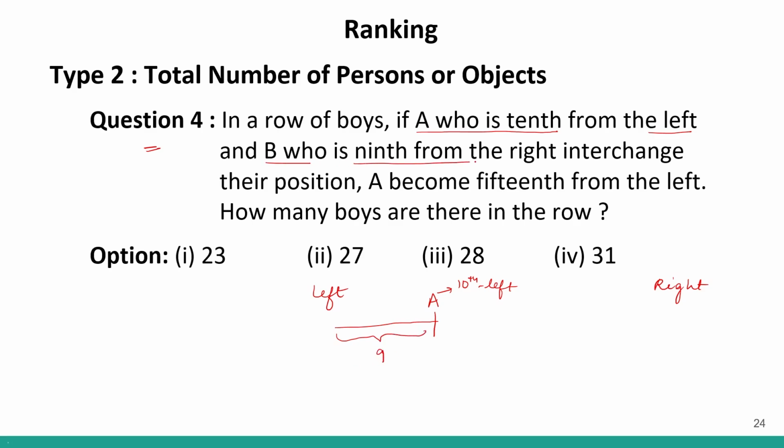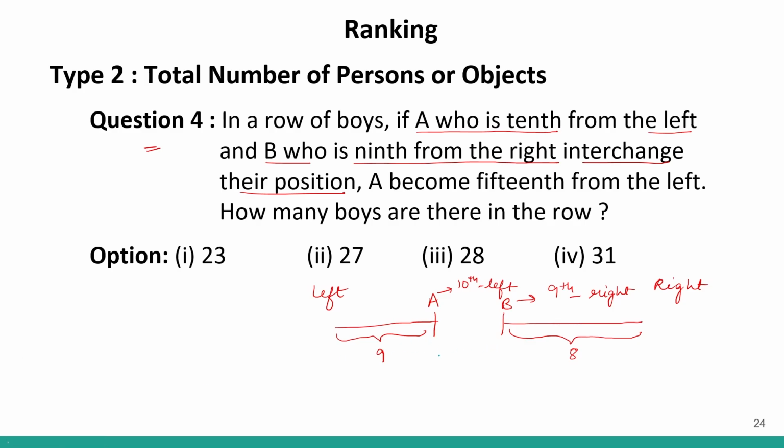B is 9th from the right. So from the right, we have B over here. He is 9th from the right, so that means we have 8 people over here. Correct? Now, these two people, A and B, interchange their position. So if they interchange their position, I'm using a different pen, okay?